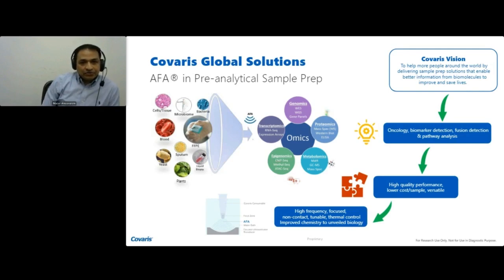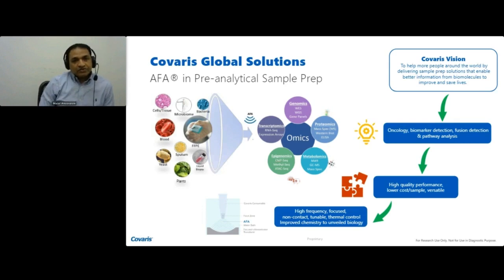Covaris Adaptive Focused Acoustic technology offers high-value solutions in the pre-analytical sample prep domain. Our technology enables highly efficient extraction and processing of biomolecules from a whole range of different sample types. This processing is done in a very robust and reproducible fashion that enables streamlined workflows across different omics pipelines.